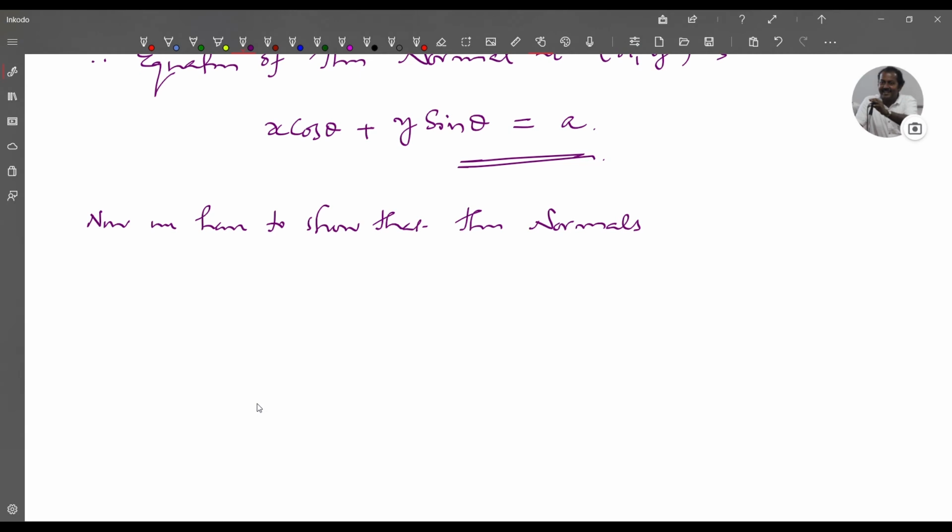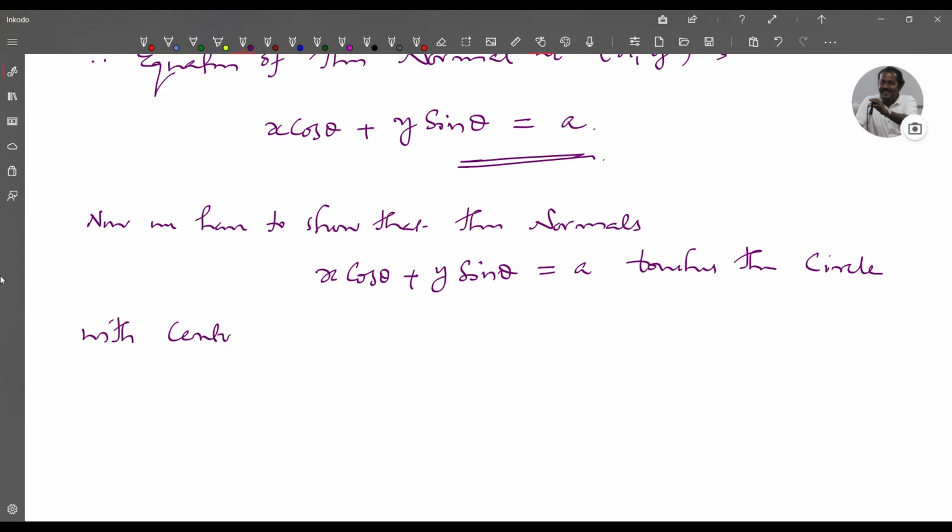Now we have to show that the normals x cos theta plus y sin theta equal to a touch the circle with the center origin and radius constant.